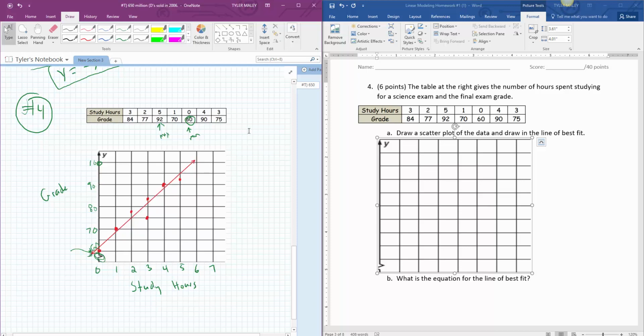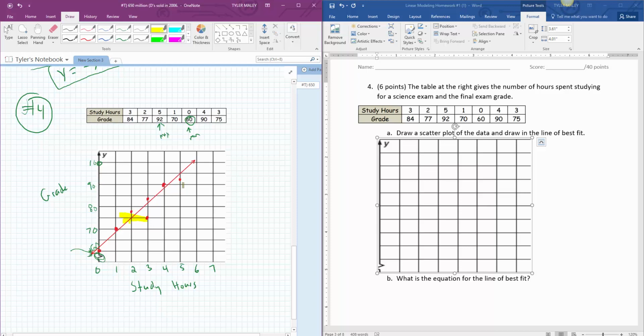Notice my line has kind of shifted here because most of my data is up in this range, where only two data points are kind of below this type of trend if we draw a straight line through these points. So that's the trend line that I'll come up with. Again, you might have a little different trend line. The big idea is that your line isn't completely off the wall different.